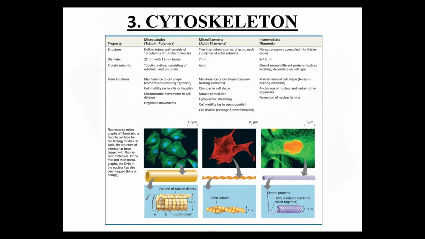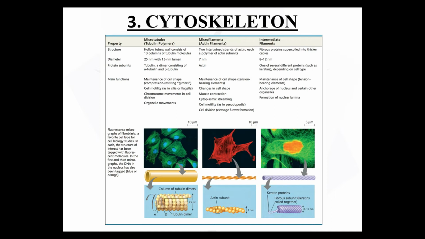The third structure of the cell is the cytoskeleton. Cytoskeleton is a network of protein filaments unique to the cytoplasm of eukaryotic cells. The tiny strands of protein form the structure of the cytoskeleton and other organelles. The three filamentous proteins present in the cytoskeleton include microtubules, microfilaments, and intermediate filaments. Microtubules are the largest, long, unbranched, hollow tube-like structures which are made up of a protein called tubulin.